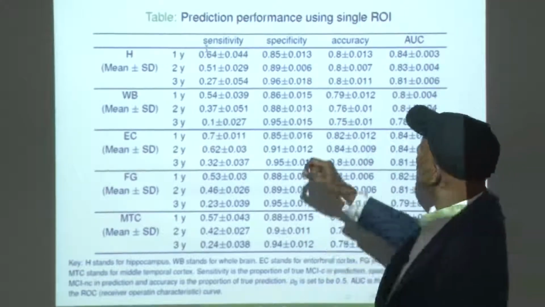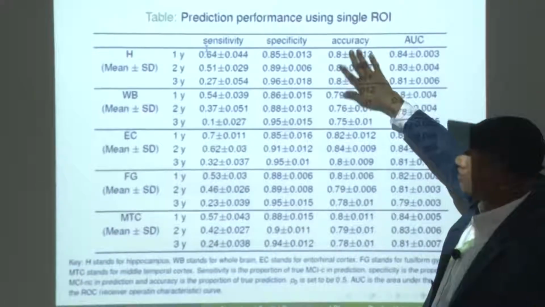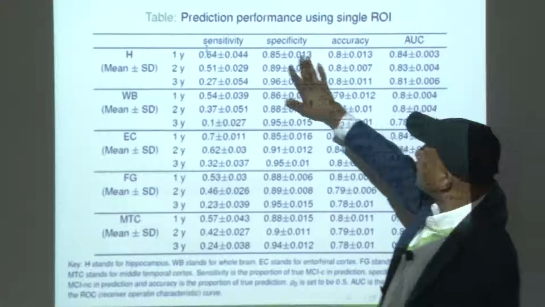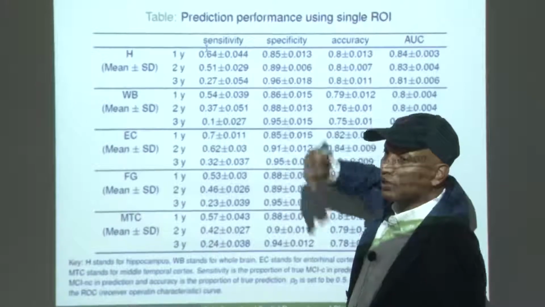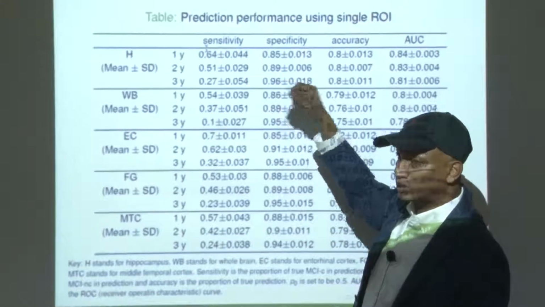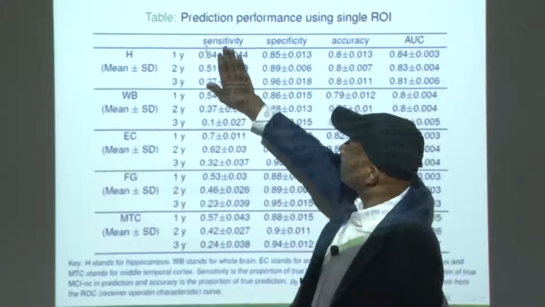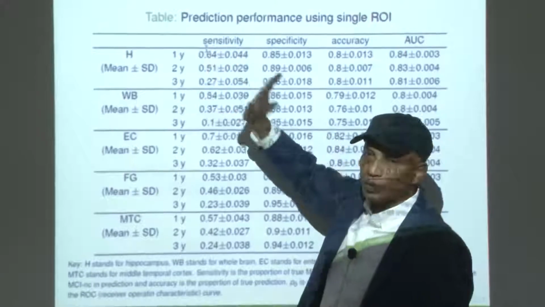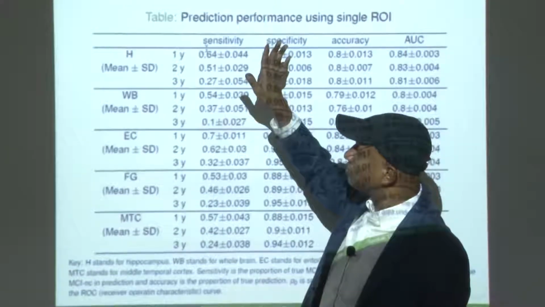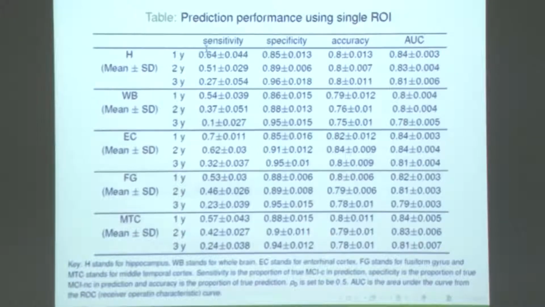Accuracy is pretty high. Specificity is also very high this way. And what we are handling, you have seen, is 4,000 voxels. We are not dealing with the whole brain yet. But somehow sensitivity is still pretty low. But the methodology is kind of working, or underdeveloped.